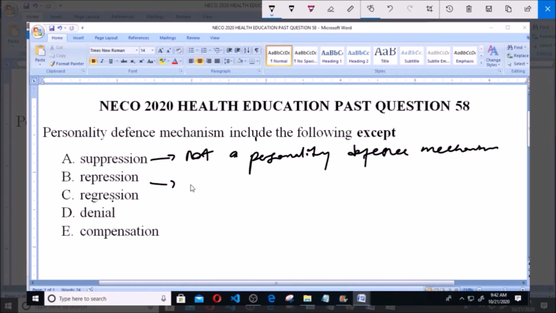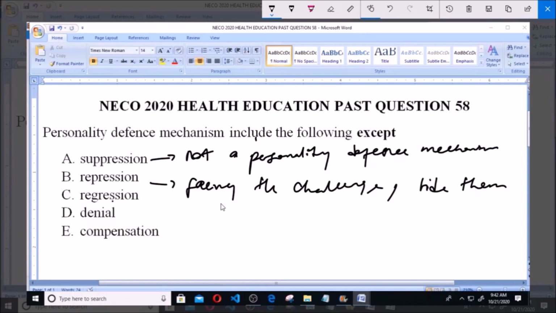Instead of facing painful memories, one simply unconsciously chooses to hide them. You choose to hide all these painful experiences or memories, hoping that you can probably forget them for life. That doesn't mean that the person might actually forget them, but at that moment the person is trying to defend his personality by trying to forget these painful memories.